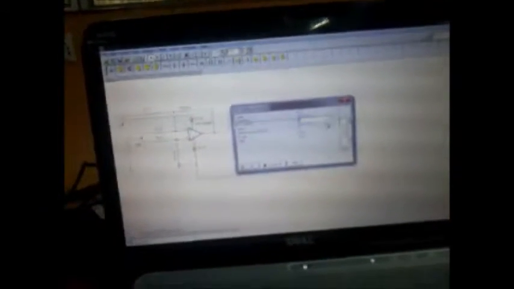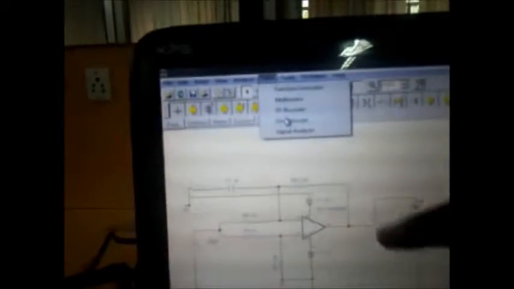Now we will go for the transient curve, in which we have used a square wave as input, of frequency 100 Hz and amplitude 1 volt. Using transient analysis, we have got the transient response. First, we will see it on our oscilloscope.